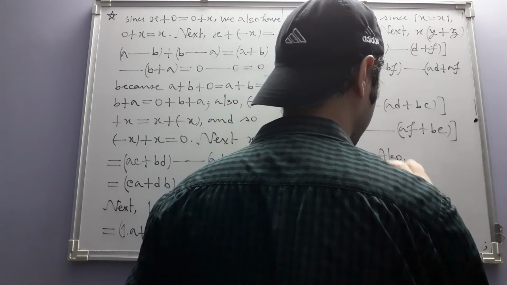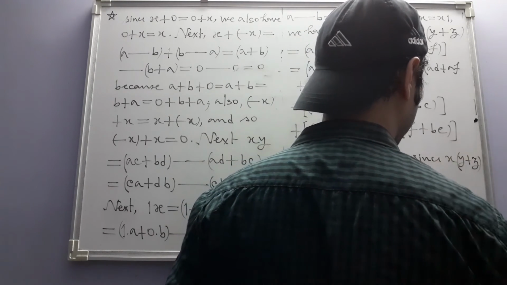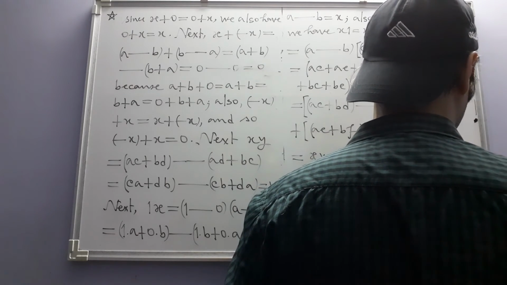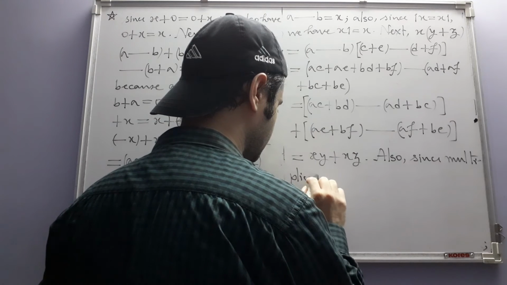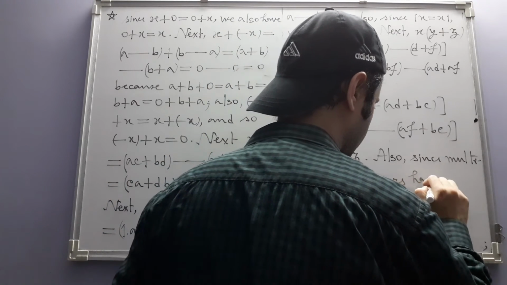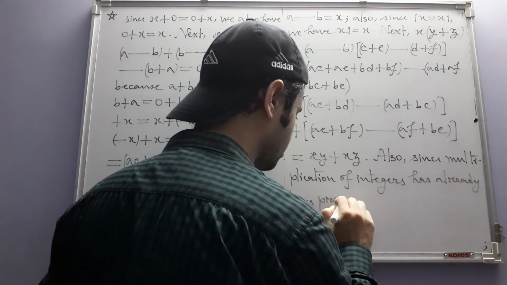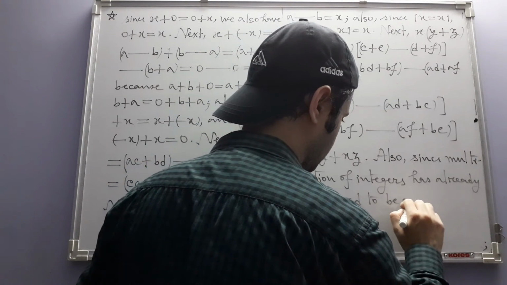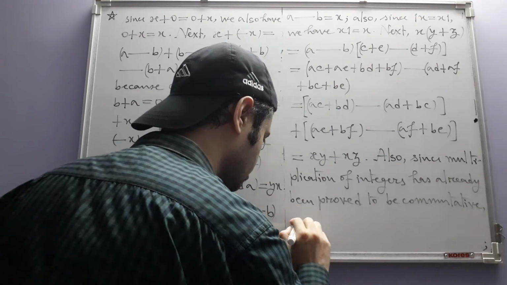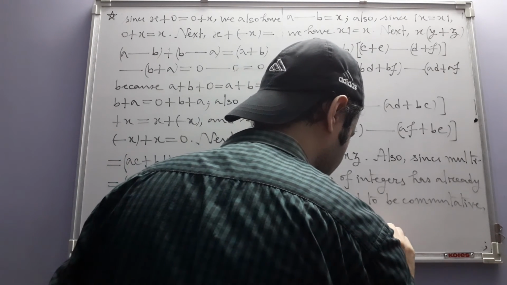Also, since multiplication of integers has already been proved to be commutative, (y plus z) times x, in its place we can write x times (y plus z).